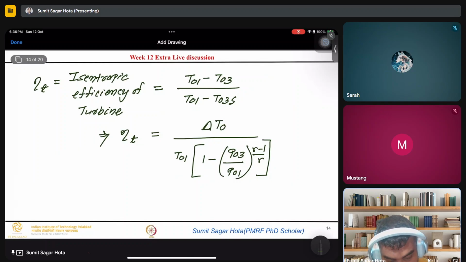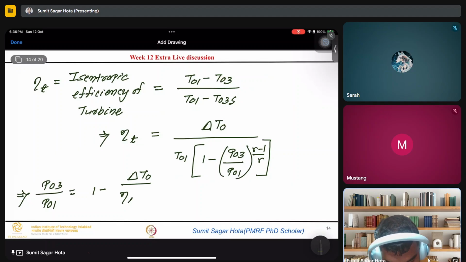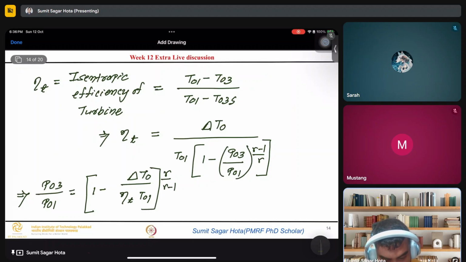If you do that, you will get this expression: P naught 3 by P naught 1 is equal to 1 minus delta T naught by eta T into T naught 1, to the power gamma by gamma minus 1. Because all the things are known.